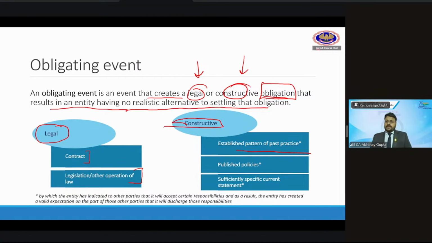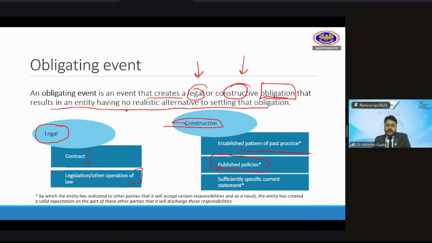Even then, by virtue of the past practices or established past actions of the company, the customer has certain expectations of the product quality from the vendor. So these are called constructive obligations. Next, published policies. Any company has published something on its website.